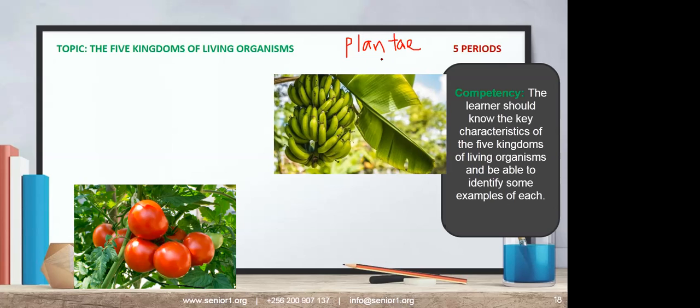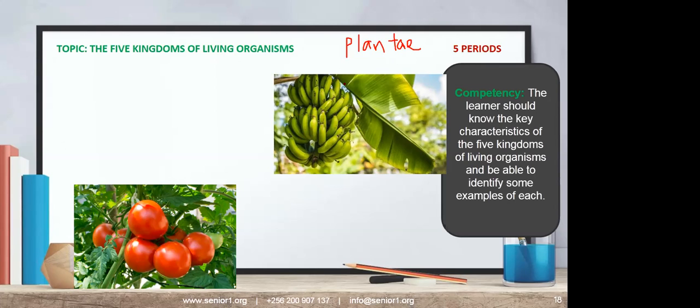So kingdom Plantae is where they say that whichever organism is able to make its own food, I repeat, whichever organism is able to make its own food, should be placed under kingdom Plantae.